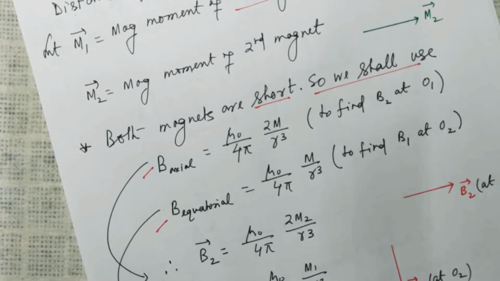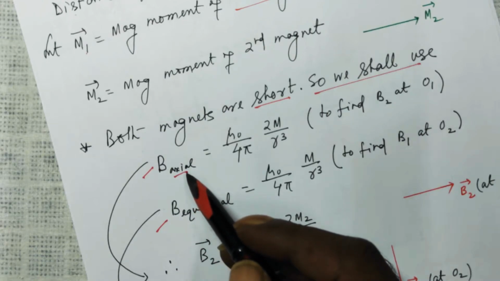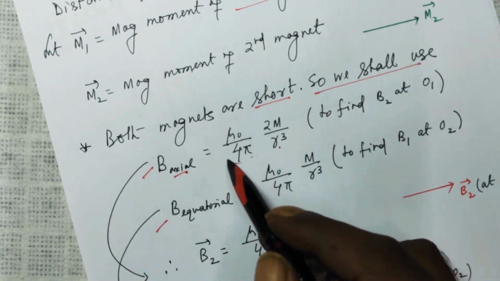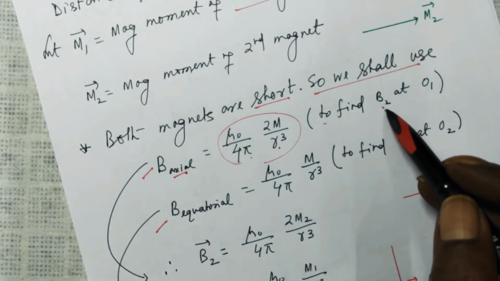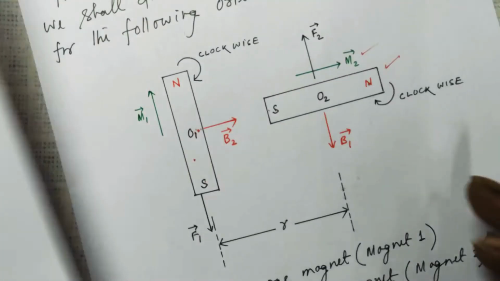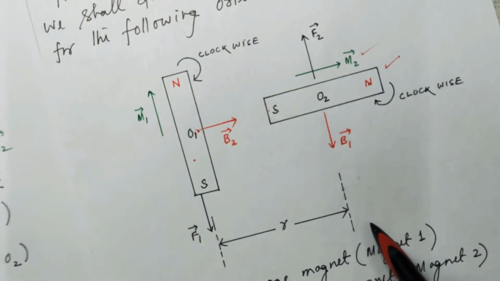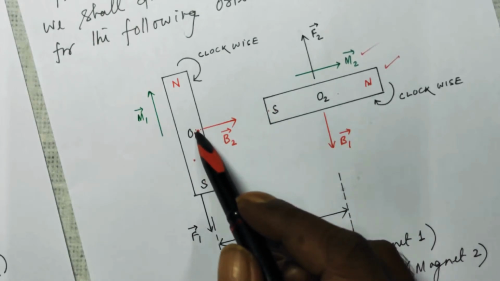For a short bar magnet, the field on the axial line at a distance r from the center of the magnet was mu0 over 4 pi 2M over r cube. This we shall use to find the magnetic field B2 at O1, that is, the magnetic field of this magnet at point O1.